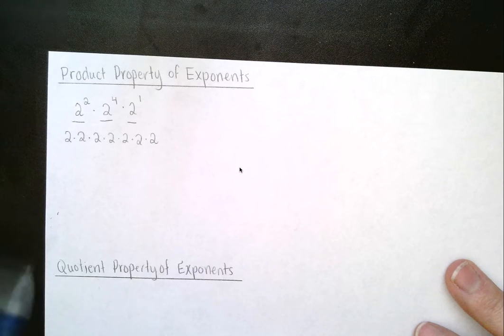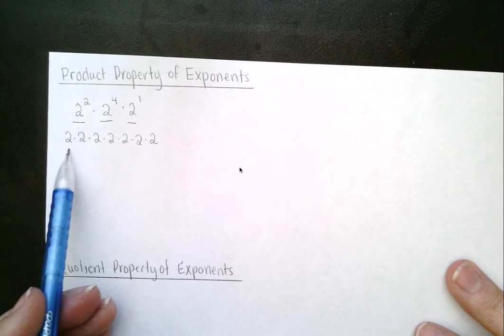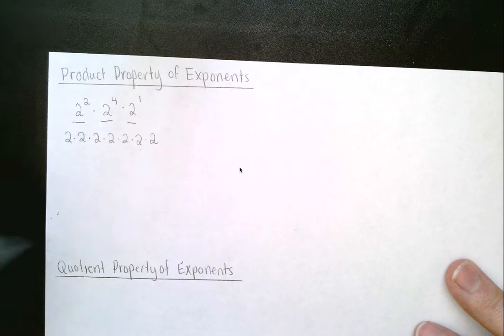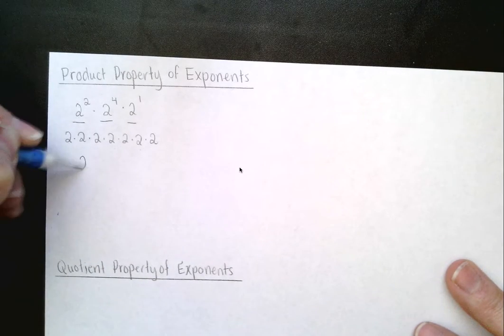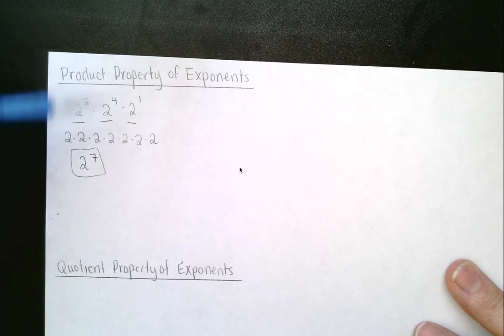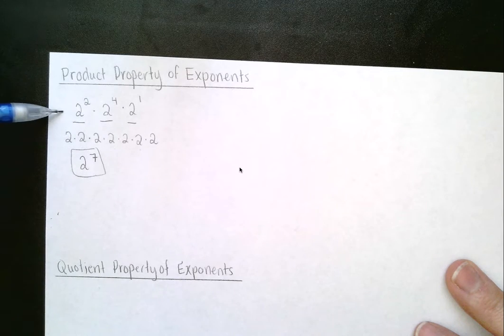If I count how many 2's I've got, I've got 1, 2, 3, 4, 5, 6, 7 2's. So a way to simplify that would be to write it as 2 to the 7th power. So 2 to the 7th power is equivalent to this first expression.